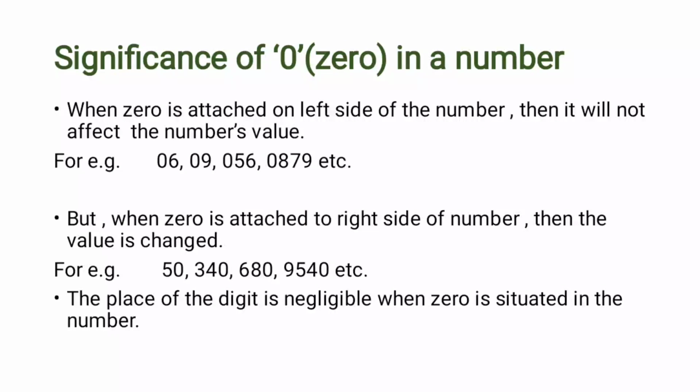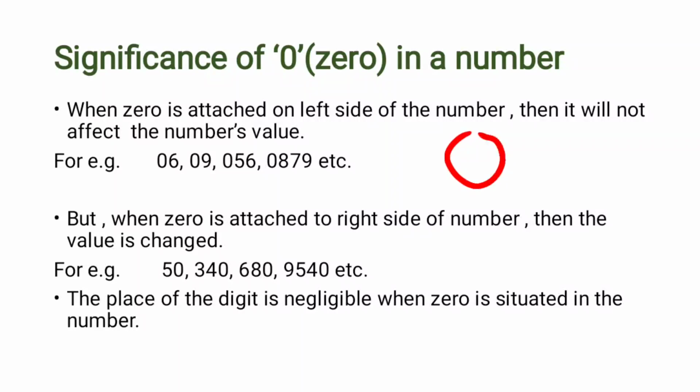The first property is when 0 is attached on left side of any number, then it will not affect the number's value. Means here are some examples. So the first example is 06.